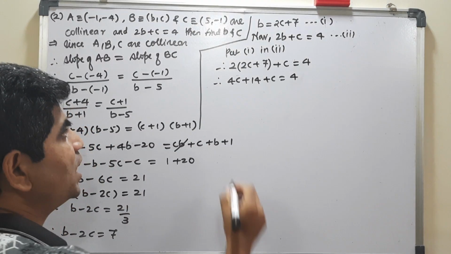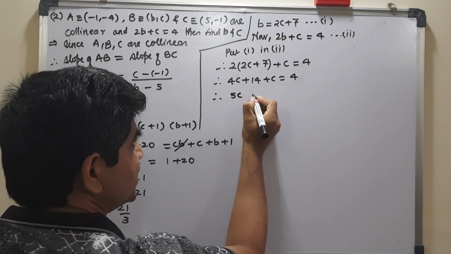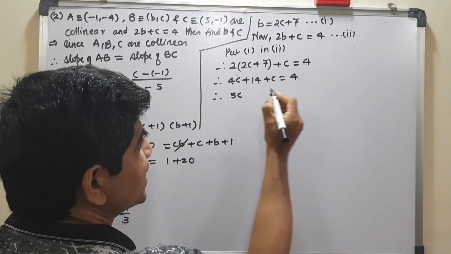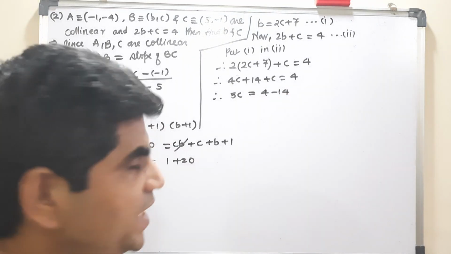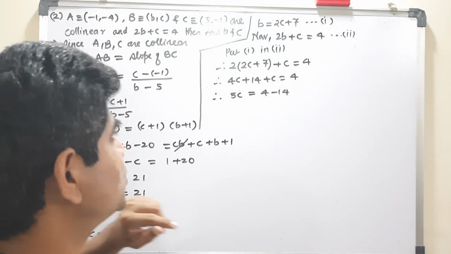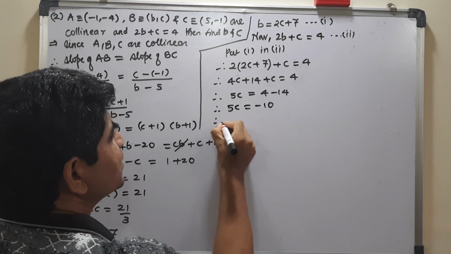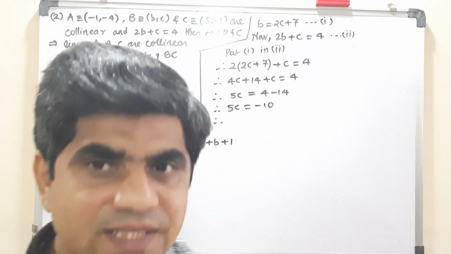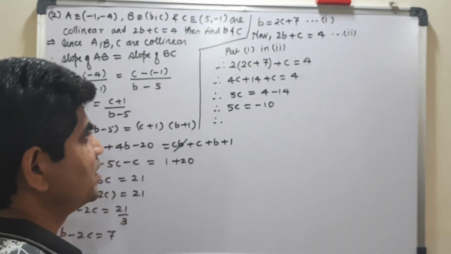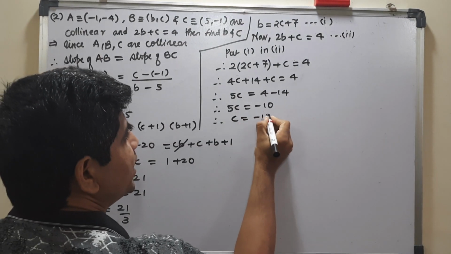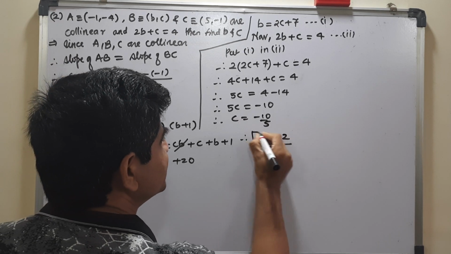So I get 4C plus C, that is 5C, and plus 14 I am taking that side, it becomes 4 minus 14. So 5C is equal to minus 10. Between 5 and C there is multiplication, so 5 transfers to the right side and becomes minus 10 by 5, indicating C value is minus 2.